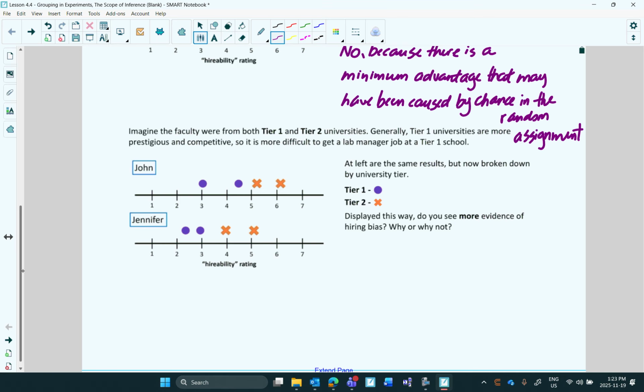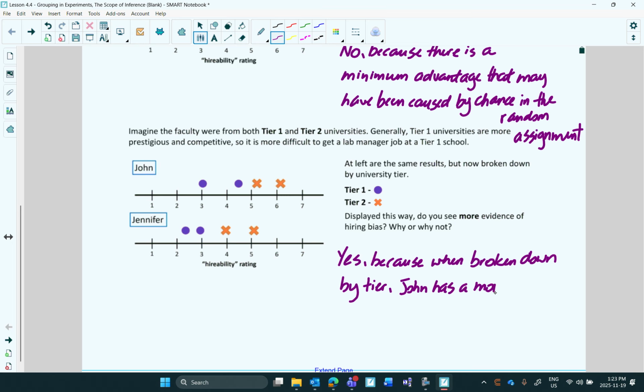So we would probably say yes, because when broken down by tier, John has a more distinct advantage. It seems to be a little clearer.